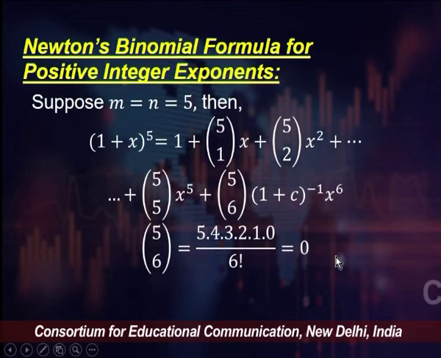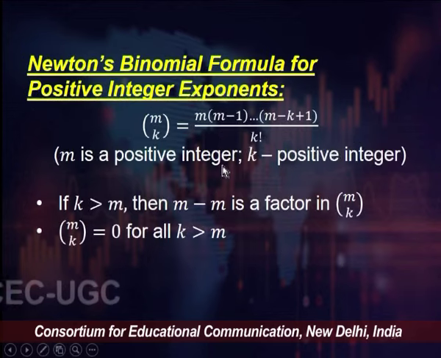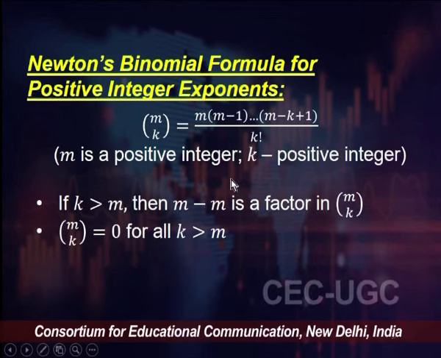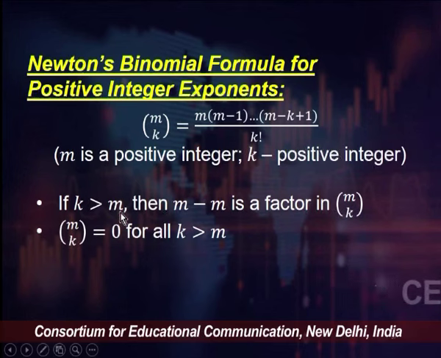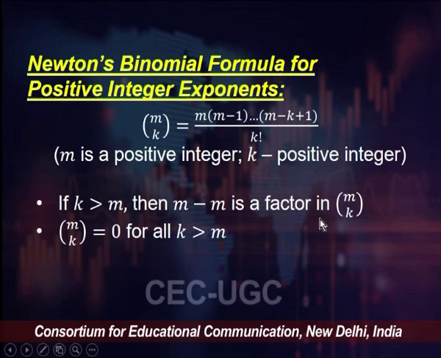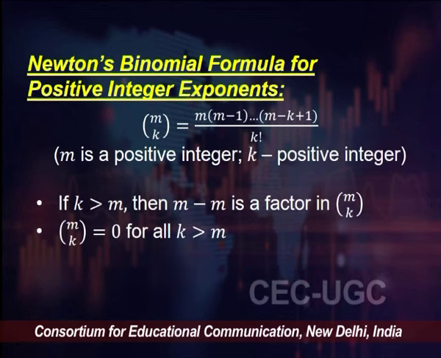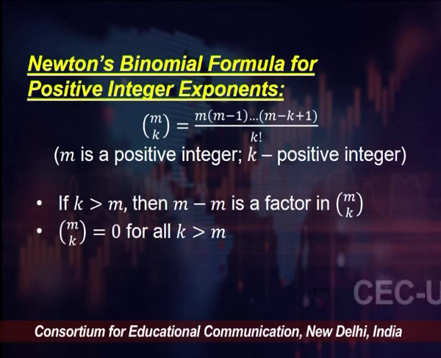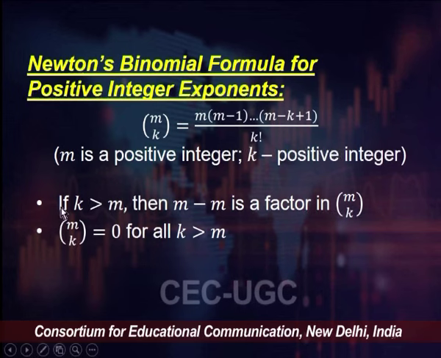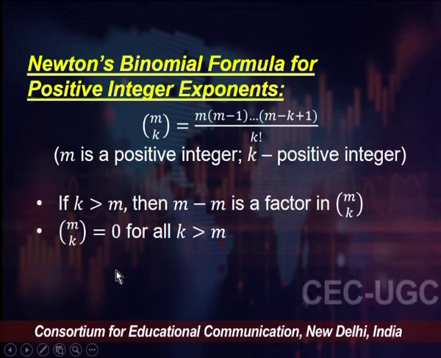The basic point that I am trying to make here is that in the combination mck, where m is a positive integer and k is also a positive integer, if k is more than m, then you will end up having m minus m also as a factor in the numerator. You can try it with any set of numbers wherever k is more than m, and try it out for yourself. So when you have m minus m or 0 in the numerator, then mck is equal to 0 for all k more than m.